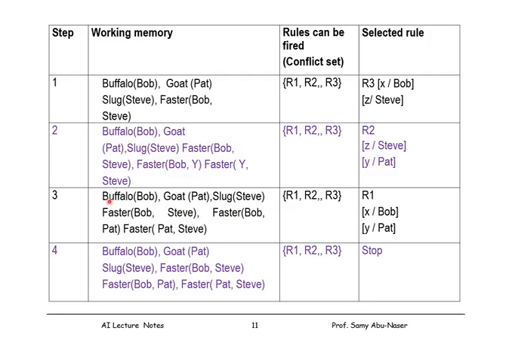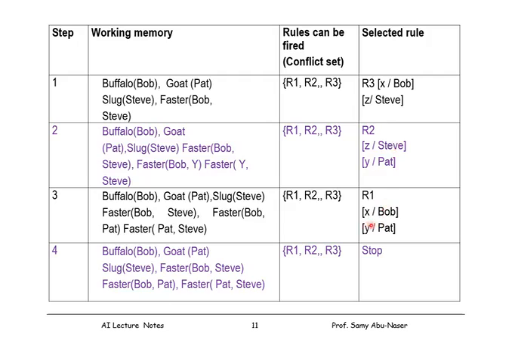So here is the result. We have Buffalo Bob, Goat Bat, Slug Steve, Faster Bob with the Steve, Faster Bob with Bat, Faster Bat with the Steve. Now we take these facts, check the rules which can be fired. All of them can be fired. We executed R3 and R2. We execute now R1.